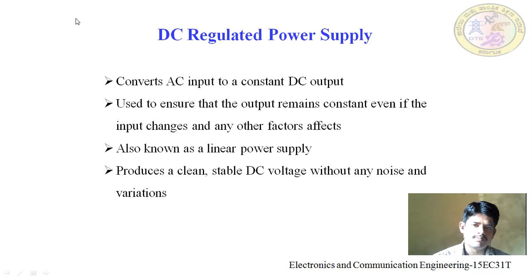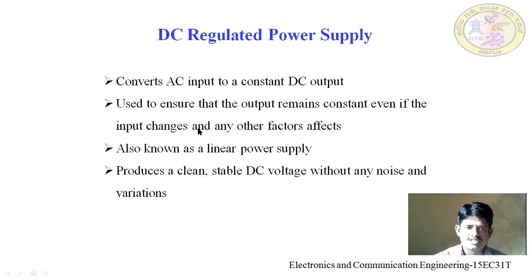DC regulated power supply means the power supply which has a regulator in the circuit. What are the main functions it will be doing? It will convert AC input to a constant DC output. This is the main function, and it will make sure that the output does not change when there is a load change, input change or temperature change.